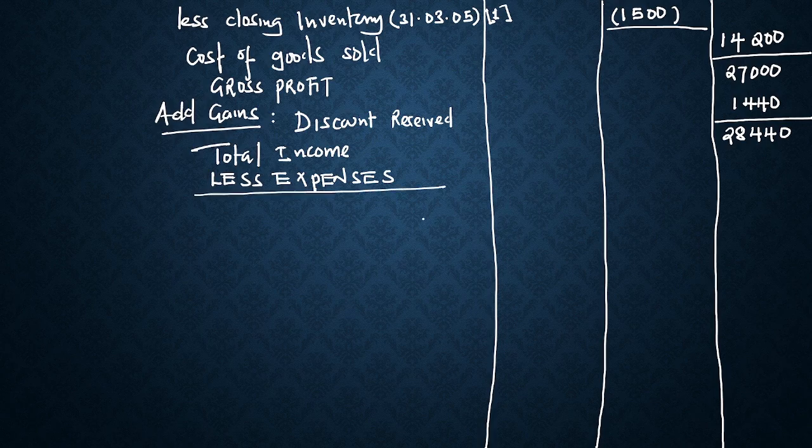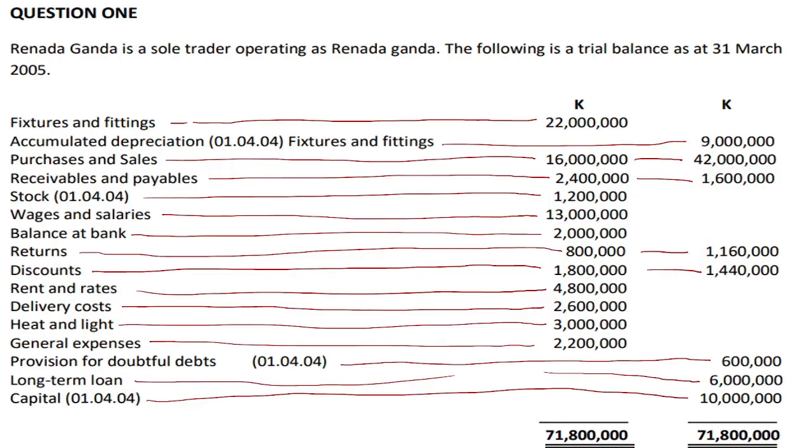Less expenses. So what do we start with in the expenses? I think discount allowed.